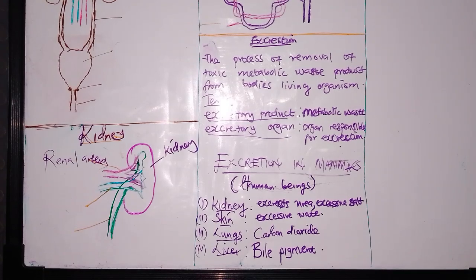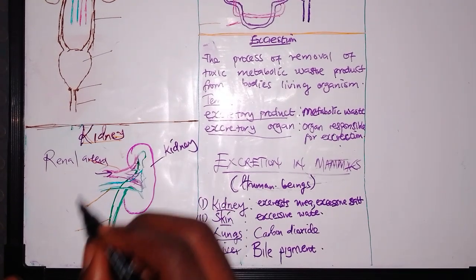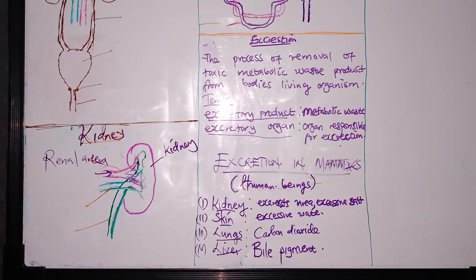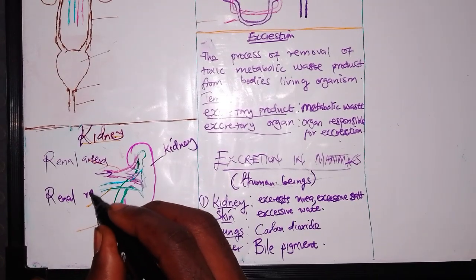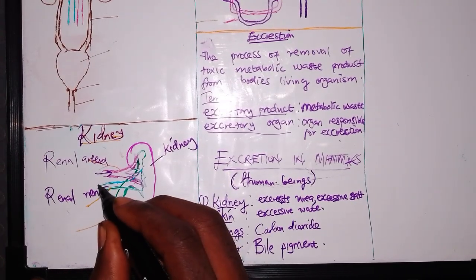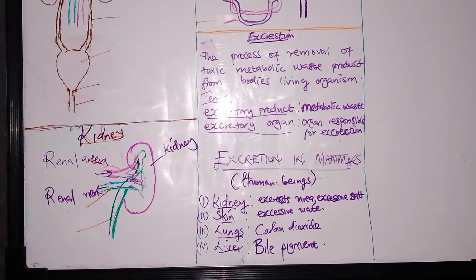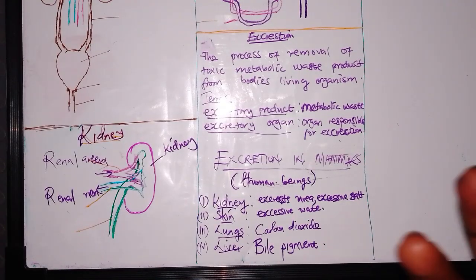So this is the artery which brings the blood to the kidney. Then we also have a renal vein. The renal vein basically takes deoxygenated blood away from the kidney.